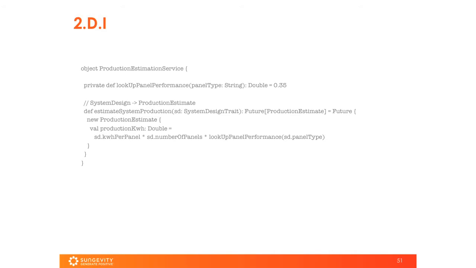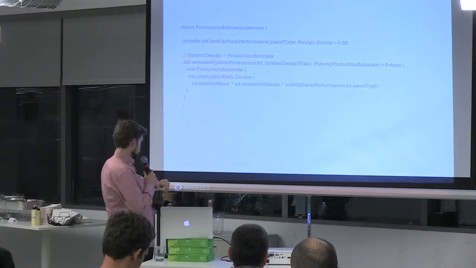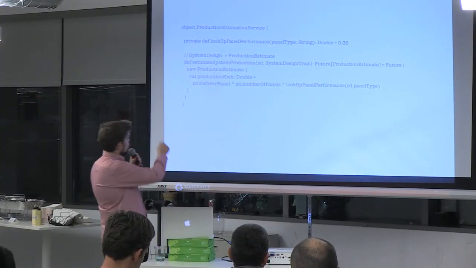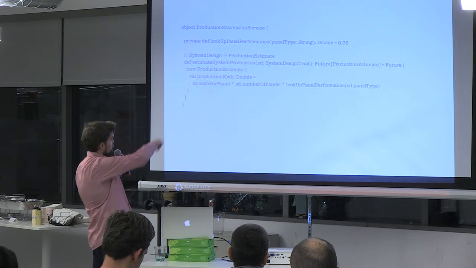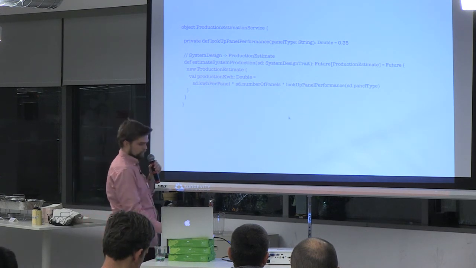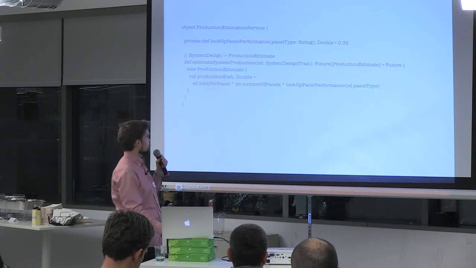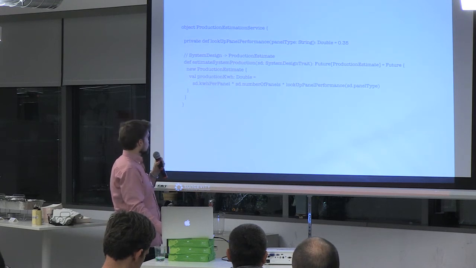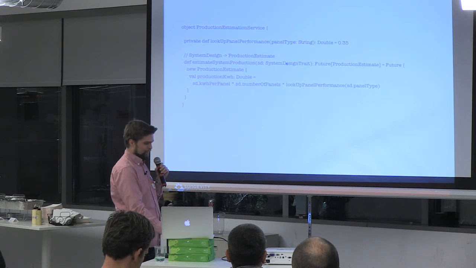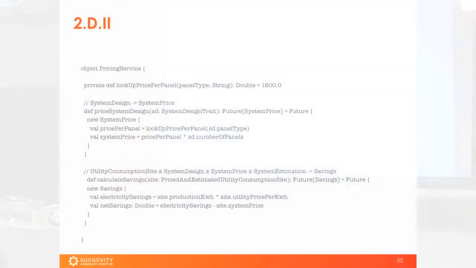So looking at production estimation service, this would be a function from system designs to production estimates. And crucially, this service needs to know nothing about anything it doesn't care about, including utility consumption sites. And this is a very simple operation just for the demo purposes, but essentially, imagine this was really a complex transition.